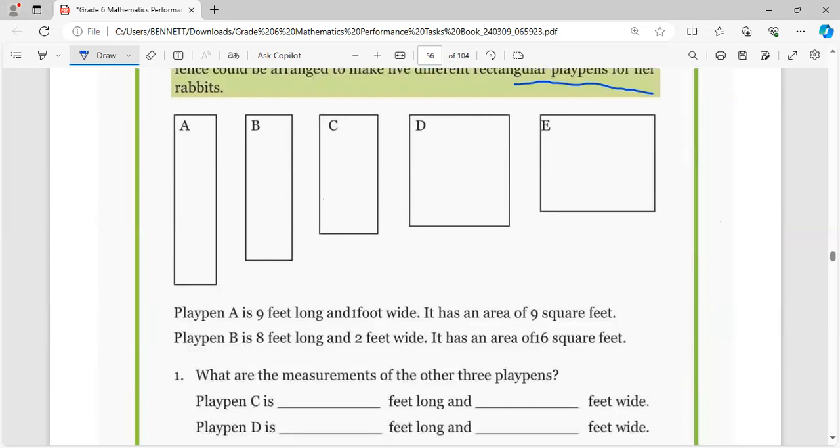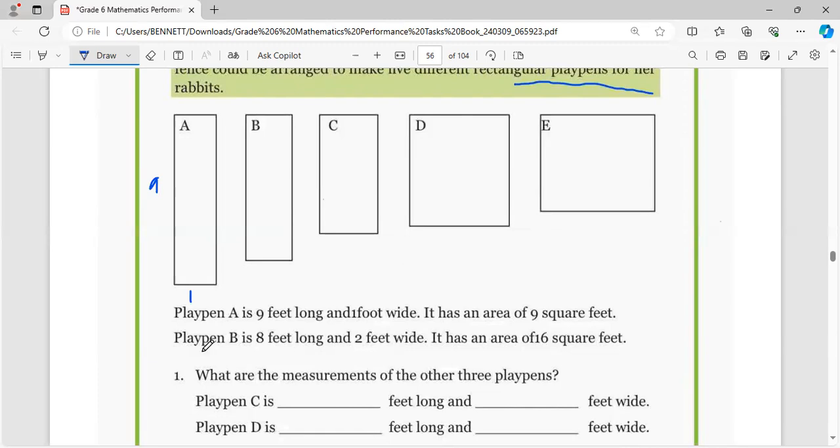So playpen A is 9 feet long and 1 foot wide. So when I get these little measurements, guys, you know what you do? Put them in. So it's 9 feet long, which means this part is 9 and this part is 1. When they give you these little measurements, you put them in.